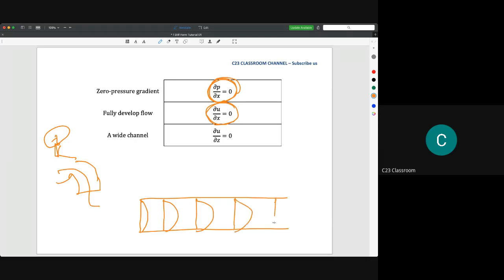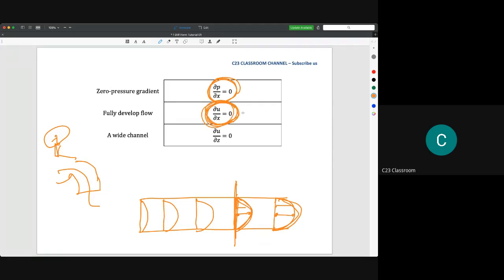Tetapi di dalam satu distance katakan, kita dapati bahawa velocity profile dia akan menjadi constant, kerana ia telah terdevelop sepenuhnya. So kita kata itu fully developed flow. So bila fully developed flow, velocity dia akan sama sepanjang masa. Oleh itu, kita akan tulis sebagai du dx sama dengan kosong.